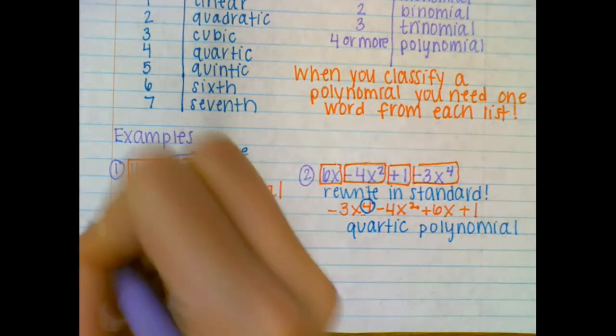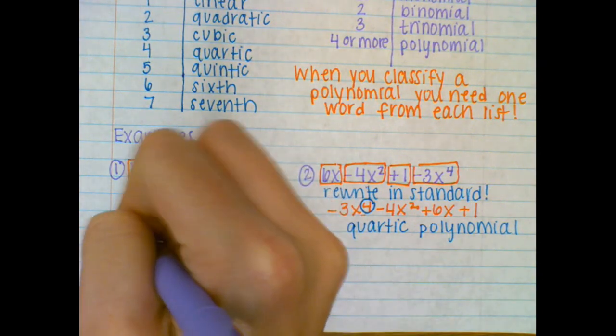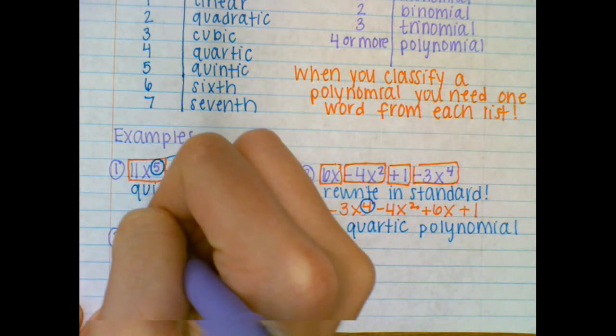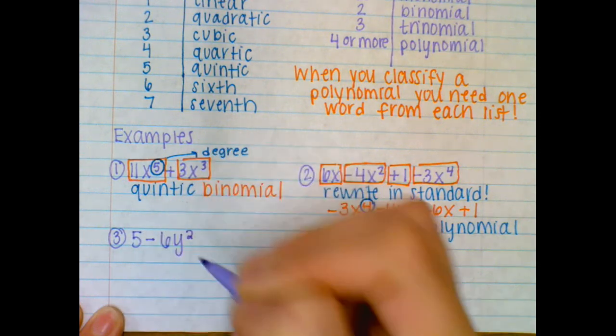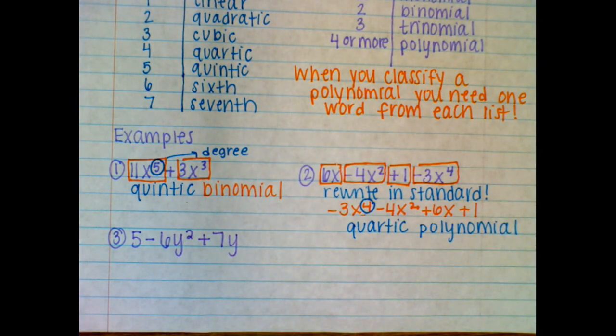Let's do example 3. Five minus 6y squared plus 7y. Okay, so this is another example of when you have to rewrite it.